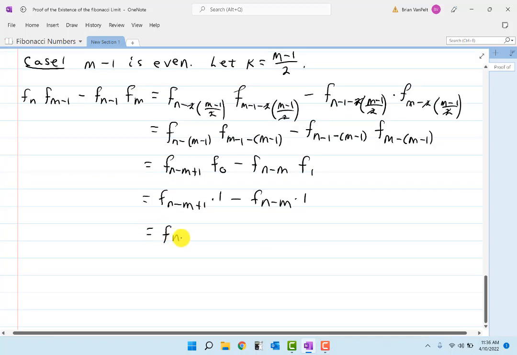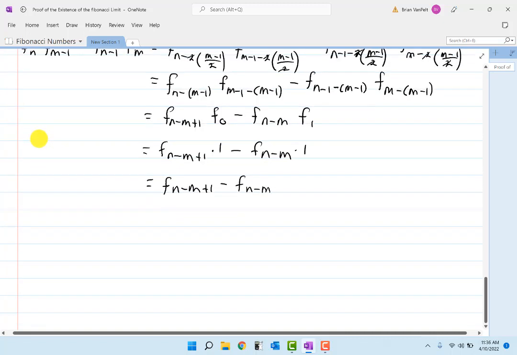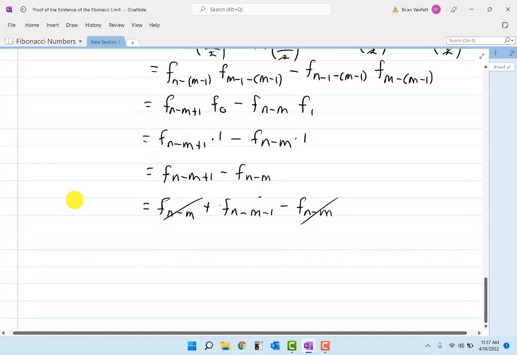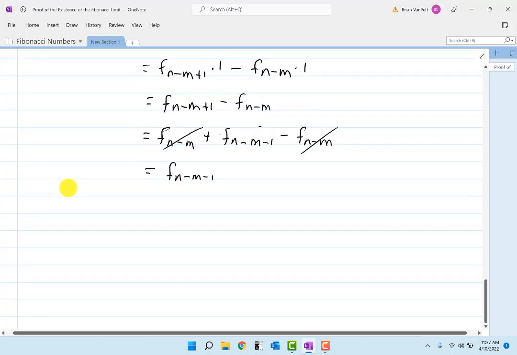So we have f of n minus m plus 1 minus f of n minus m. Now I'm simply going to expand that: f sub n minus m plus f sub n minus m minus 1 minus f sub n minus m. And we can take out the f sub n minus m's, and we get f sub n minus m minus 1. Now that was the assumption that m minus 1 was an even number.